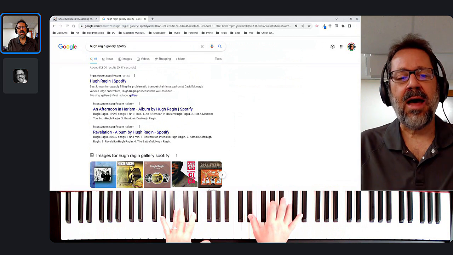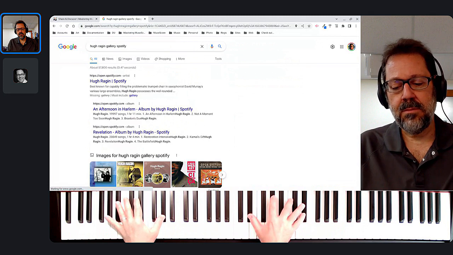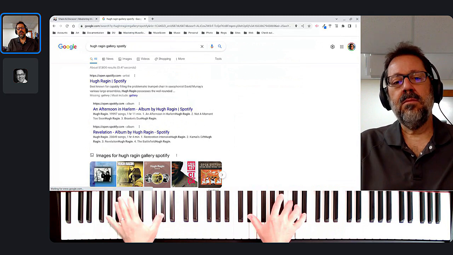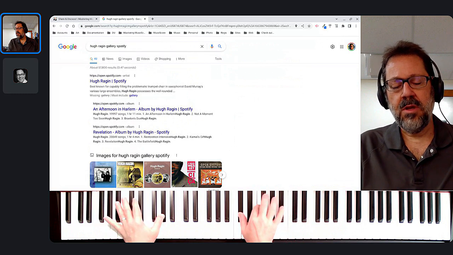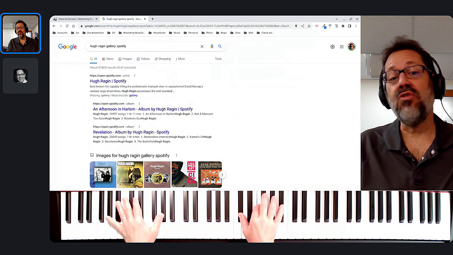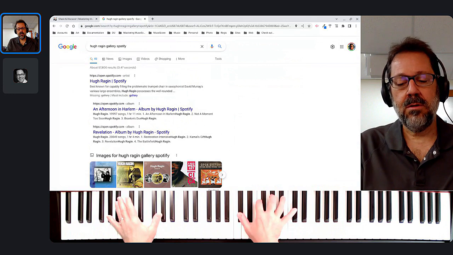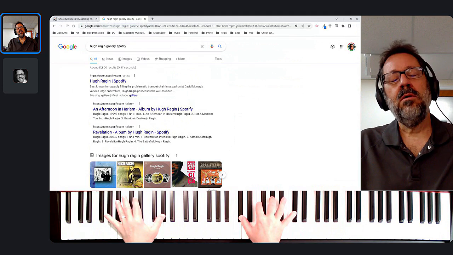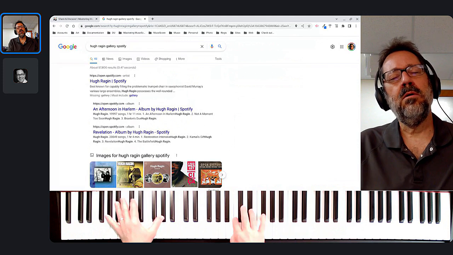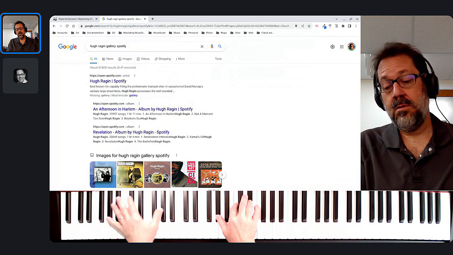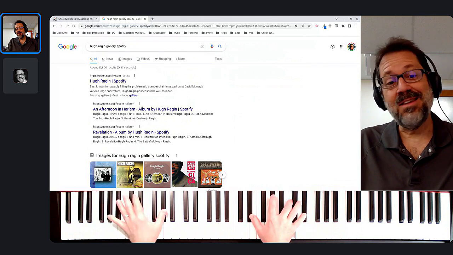I think it's in A flat. And I'm again playing this faster. It's incredibly slow. It goes on for like 20 minutes. This is the melody, and it's this simple.